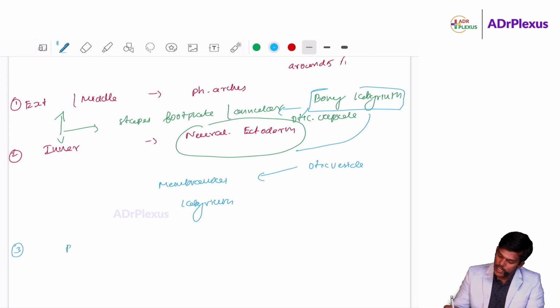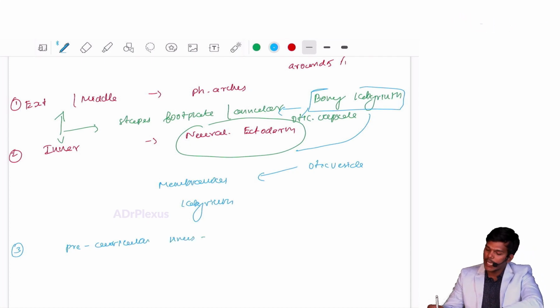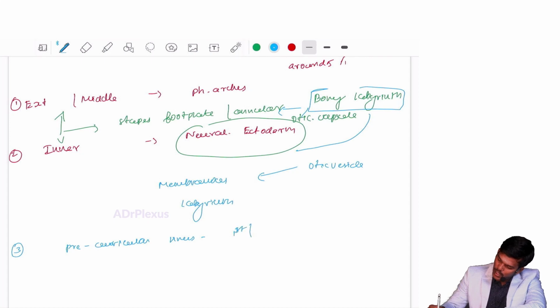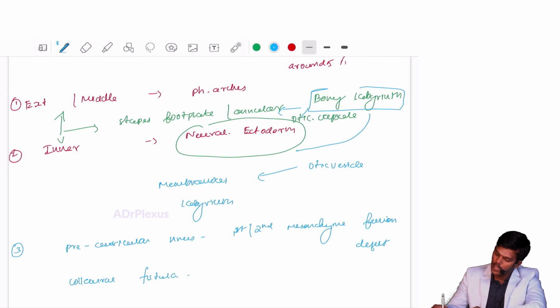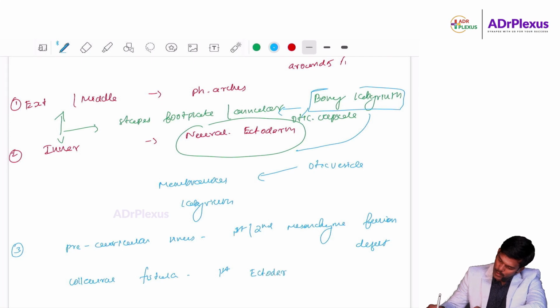Then preauricular sinus is due to a first and second arch mesenchyme fusion defect, whereas a first branchial cleft fistula is due to a first ectodermal cleft defect.